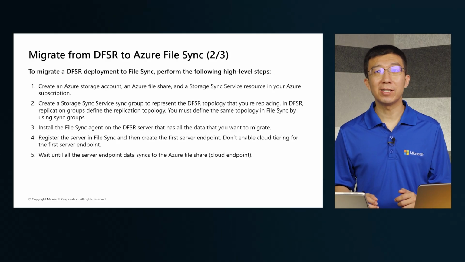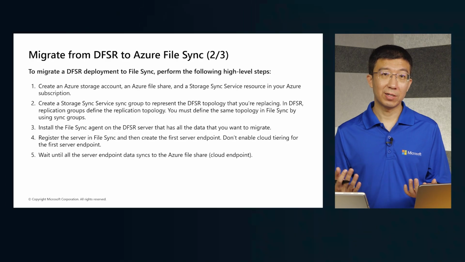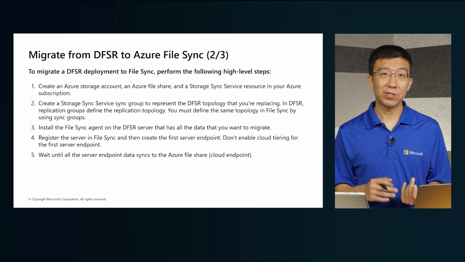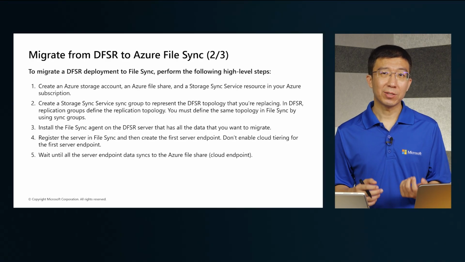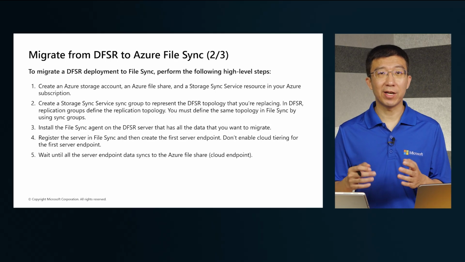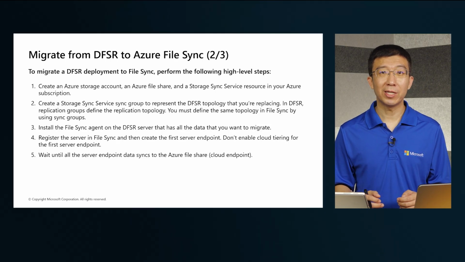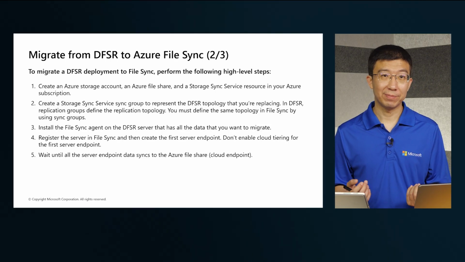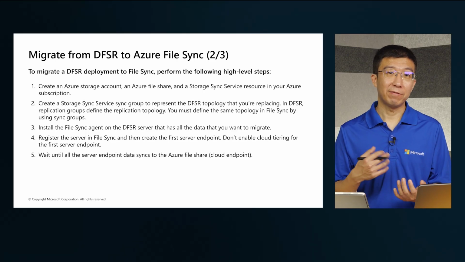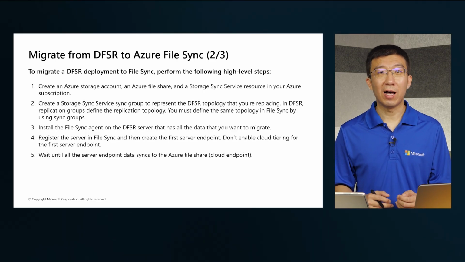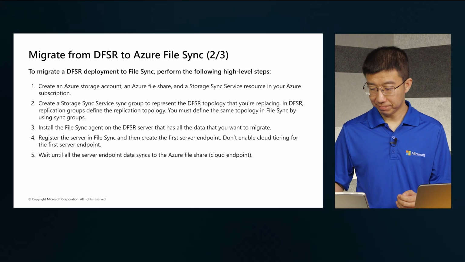Install the file sync agent on your DFSR server. 4. Register the server and create the first server endpoint. Don't enable cloud tiering yet. And 5. Wait for all data to be synced to Azure.